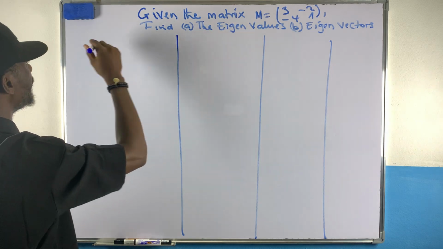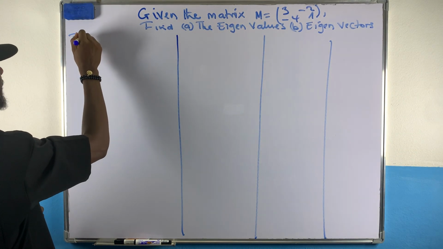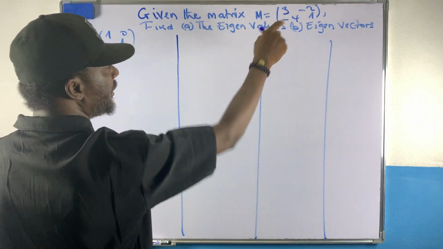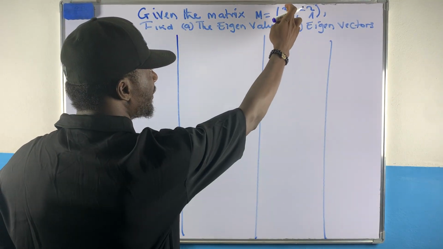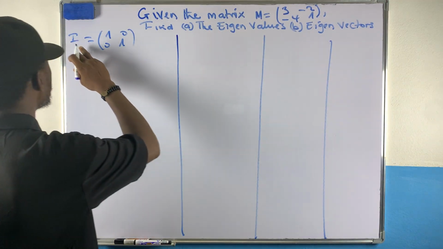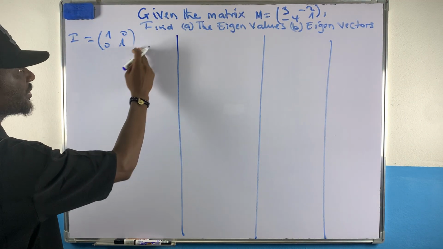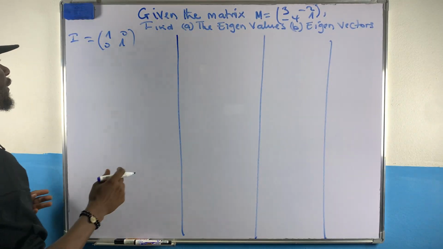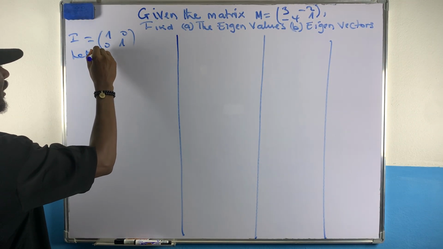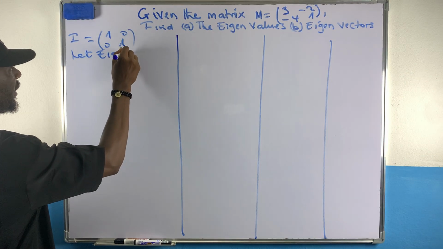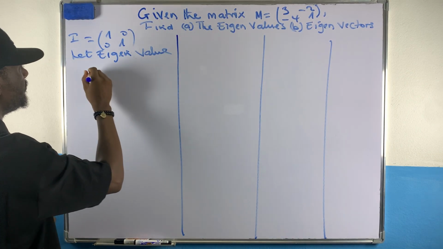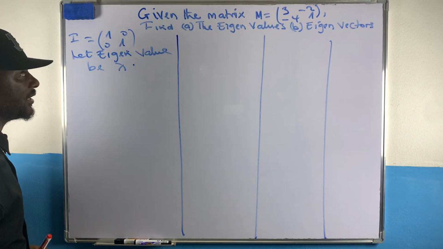We should recall that the identity matrix I is [1, 0; 0, 1] for a 2 by 2 matrix like this. And for us to find the eigenvalues, we begin by letting the eigenvalue be lambda, a certain lambda.